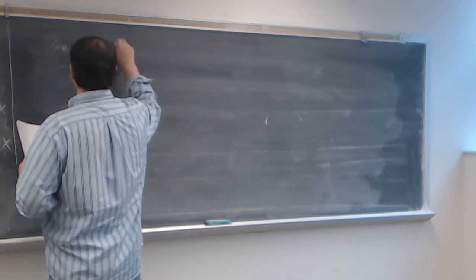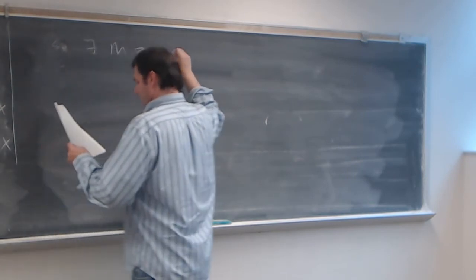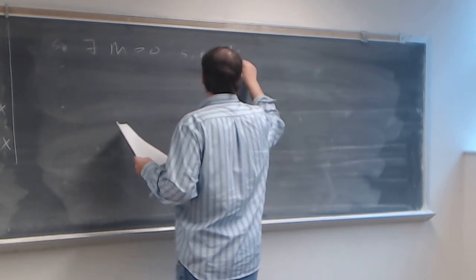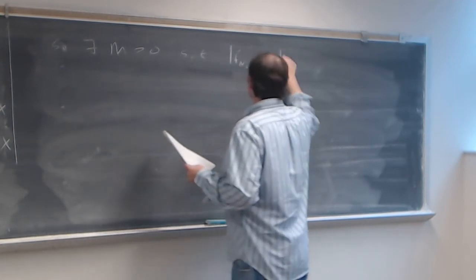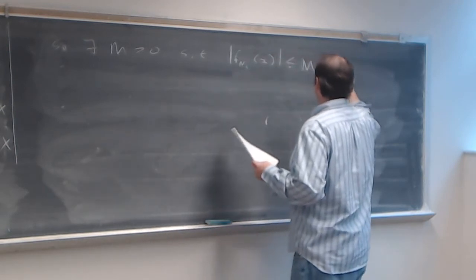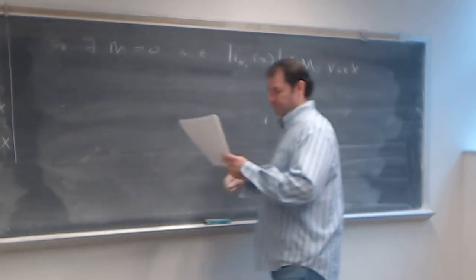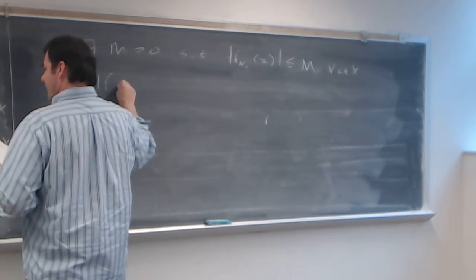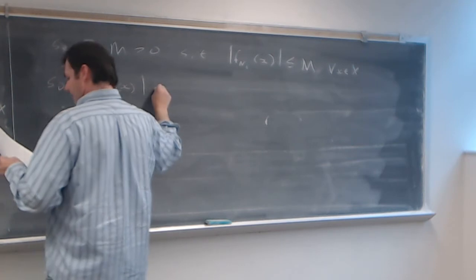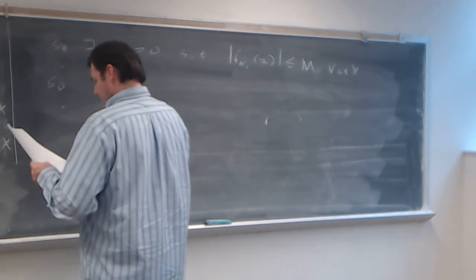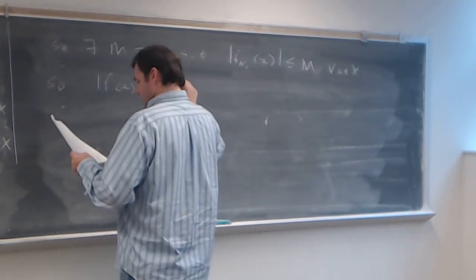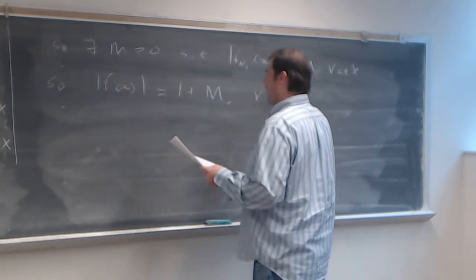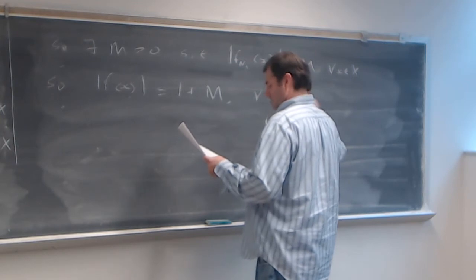So there exists an M greater than 0 such that the absolute value of f sub n sub 1 of x will be less than or equal to M, and that's true for all x elements of X. So what we get then is that the absolute value of f of x itself will be less than or equal to 1 plus M. And that's true for all x element of X.